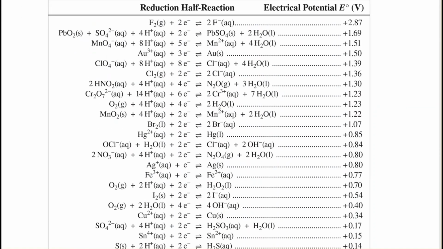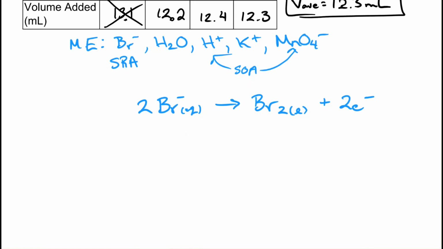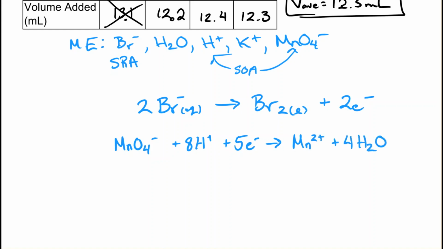Permanganate plus 8 hydrogen ions and 5 electrons gives us Mn2 plus and 4 waters.